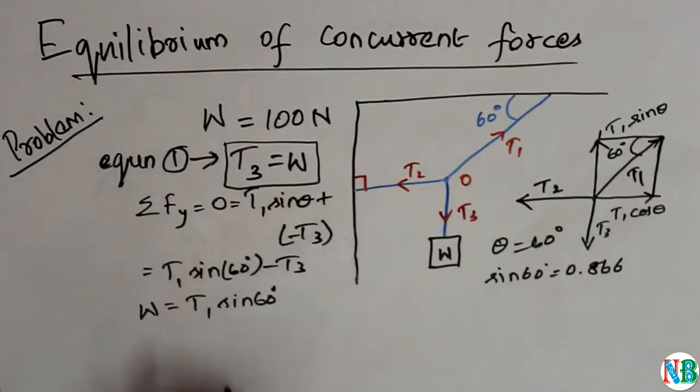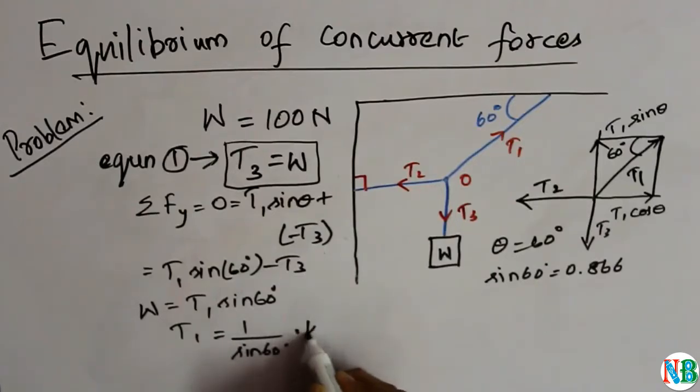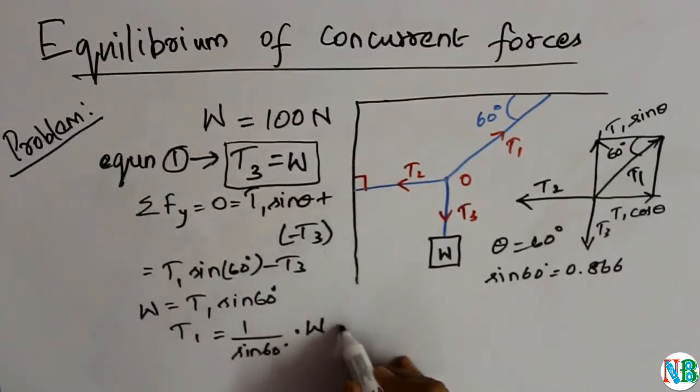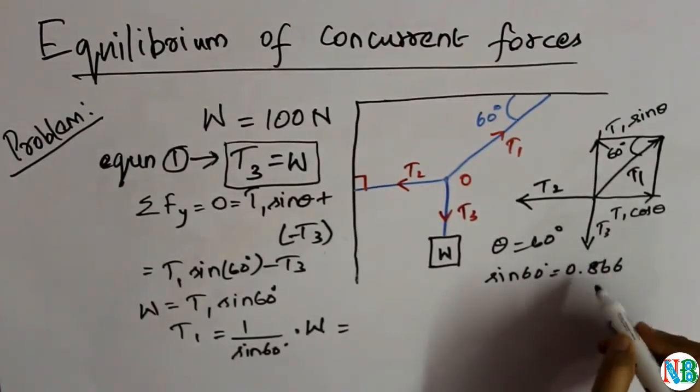Now we want to know the value for T1, not for W. So T1 is equal to 1 by sine 60 into W. The value of sine 60 is 0.866.